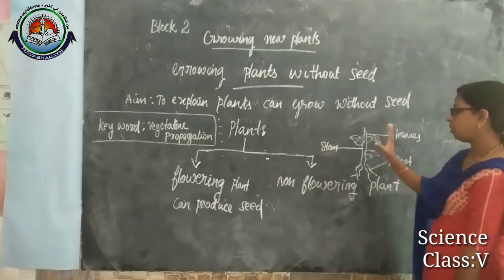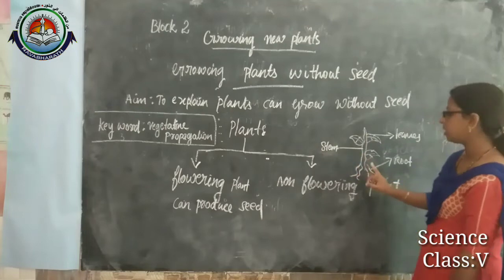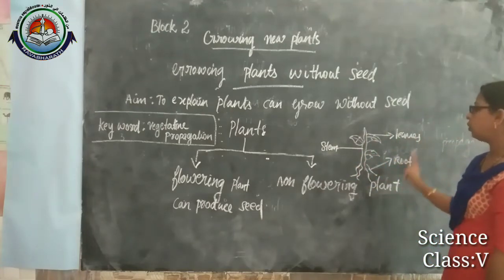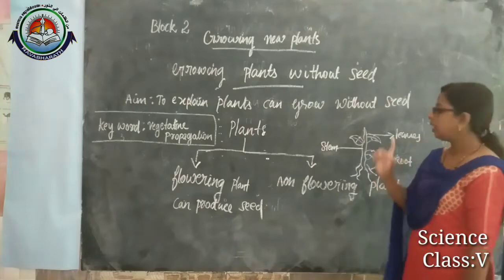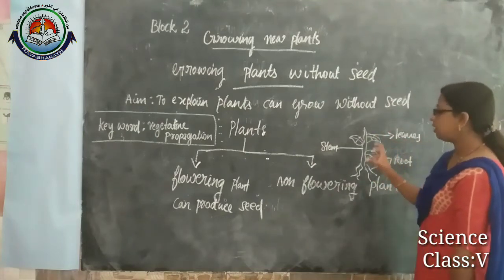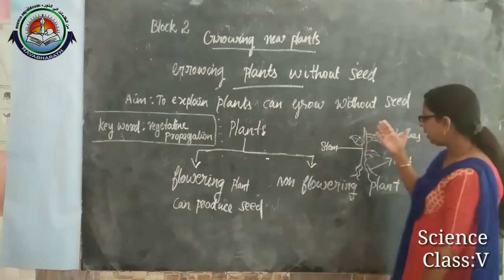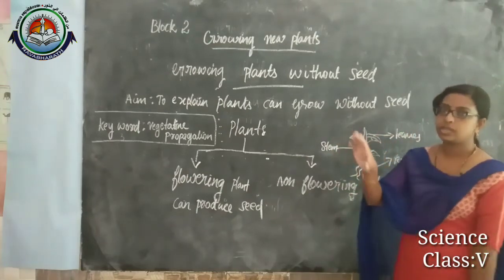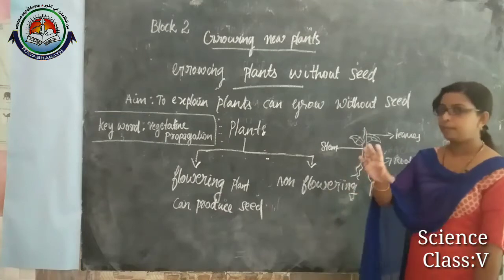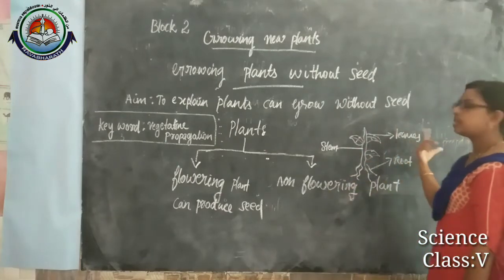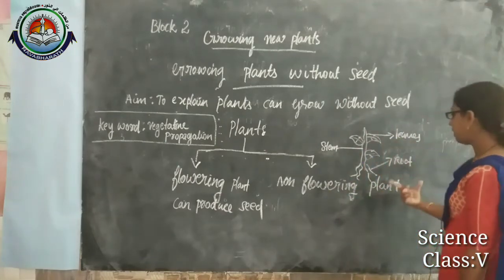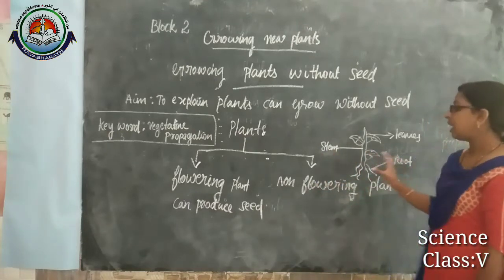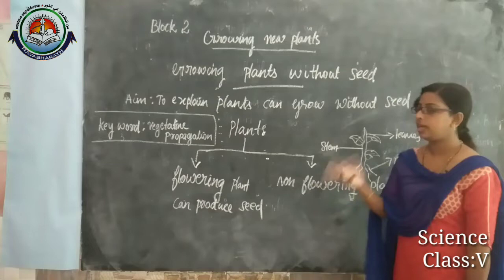In their body, if we consider the non-flowering plants, some parts will be there: leaves, root, stem. According to their structure, in some plants the stem can produce new plants, in some cases leaves can produce new ones, and in some cases the root can produce a new plant. All these things we will discuss in our next lesson.